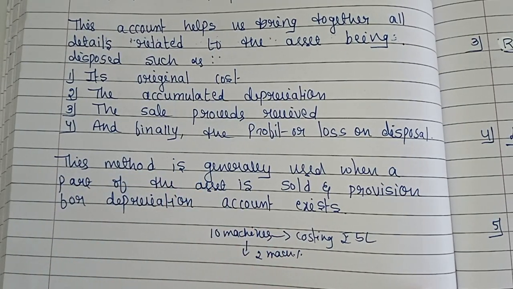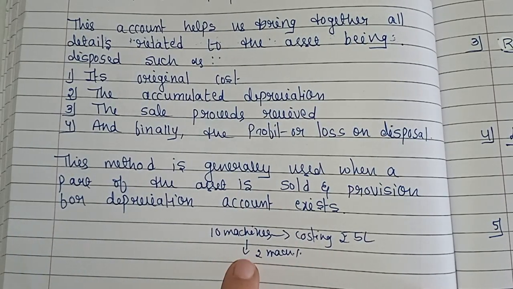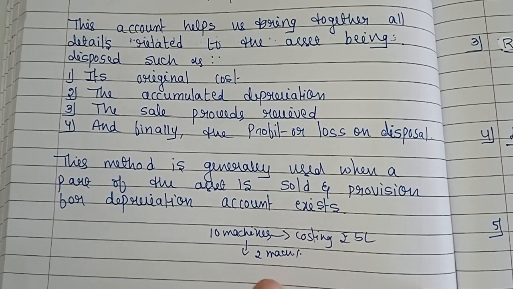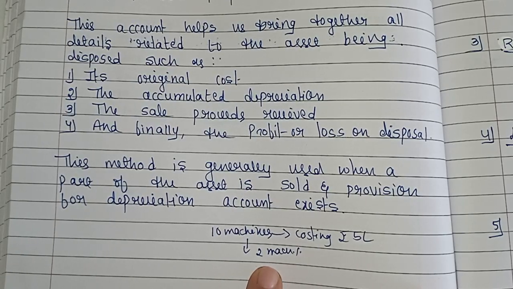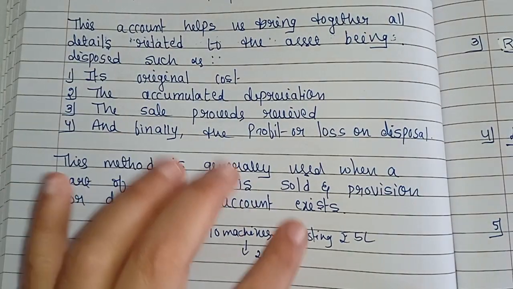In this case, we will use the asset disposal account. Clear? So of the 10 machines, we sold 2 machines, and the remaining 8 machines are still in use. So in such cases, we cannot close the whole asset account.